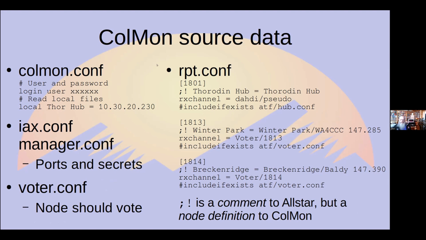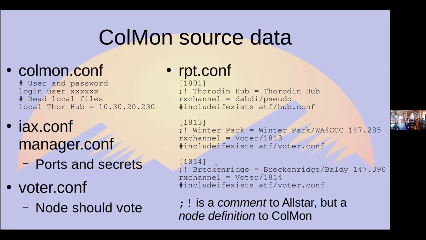The CallMon will then go and look at the iax.conf and the manager.conf files to actually figure out on what ports these devices are listening, what are the secrets to actually access the Asterisk interface, the voter.conf to actually see if there should be some voters that we should be listening for.